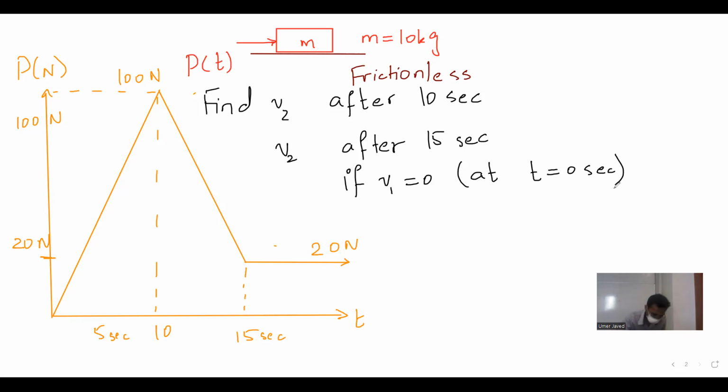Okay, so I think I can help you a little bit. The first thing I will say is, V2 is 50? Very nice. Very good. So delta P is M delta V, which is the area under the P-t graph.